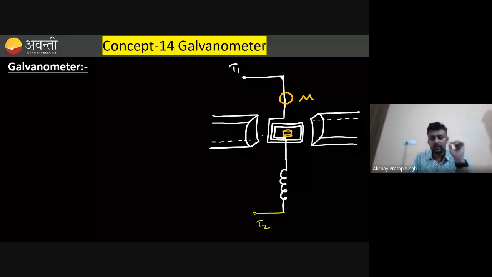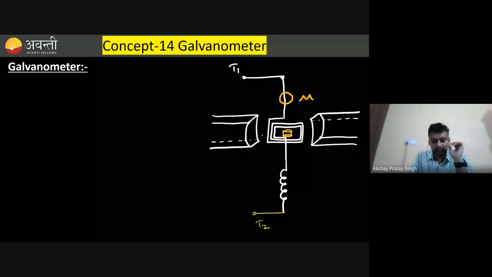I hope you can listen very carefully to all the punchlines. Whenever this T1 and T2 are connected to the circuit, I am assuming the circuit has some current, and current is passed through it like that. So whenever the current is passed through a coil which is in the magnetic field already, and the magnetic field is created by this north and south.